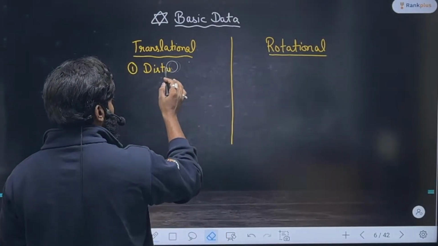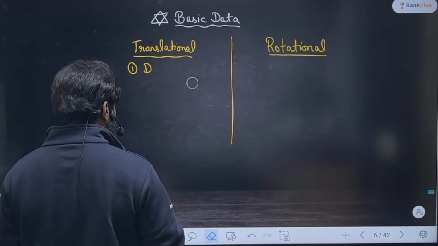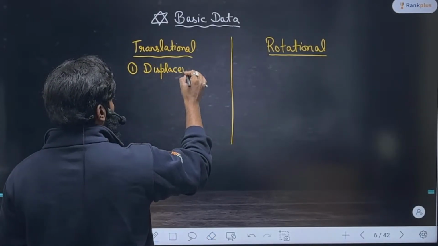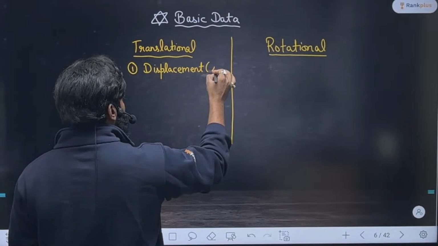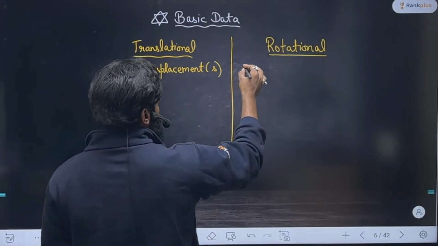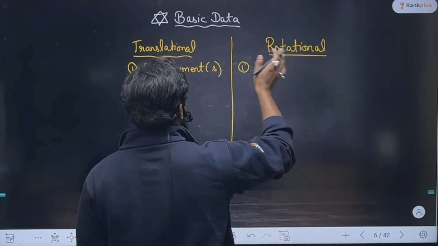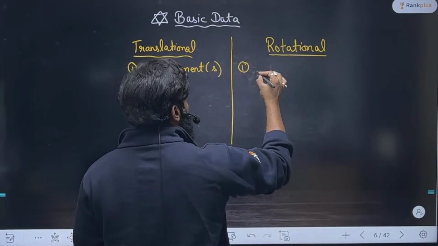Let me take displacement, it is more popular. So I'll take displacement as S. So here, for rotational motion, analogous to the displacement, we have the angular displacement.